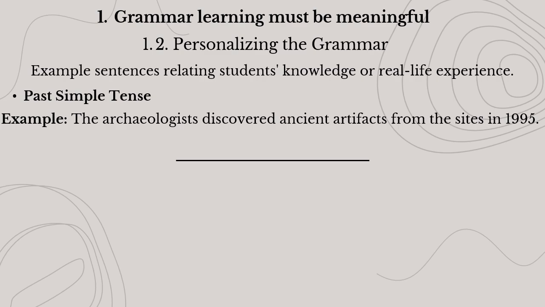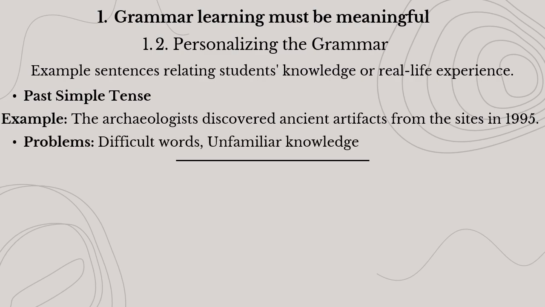Number one, there are just too many difficult words there that your students may not have heard or seen before. Number two, your students might not have any idea as to what it is about. So instead of giving such examples to explain the use of the past simple, you should personalize your examples by giving sentences about themselves.